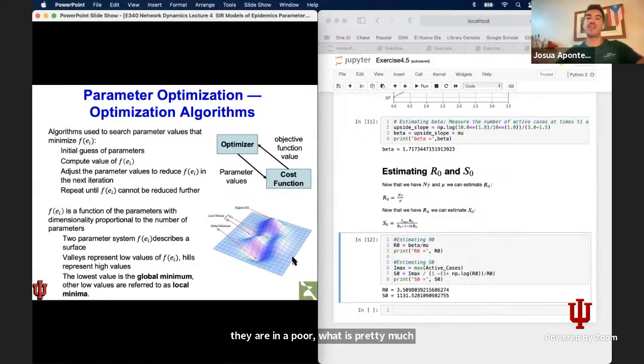And so it has to jump away from that region of the space.